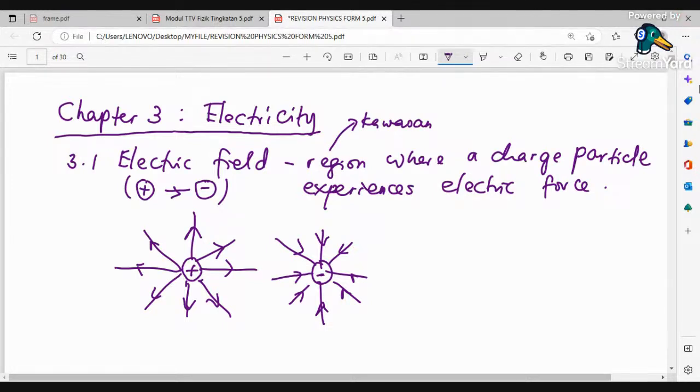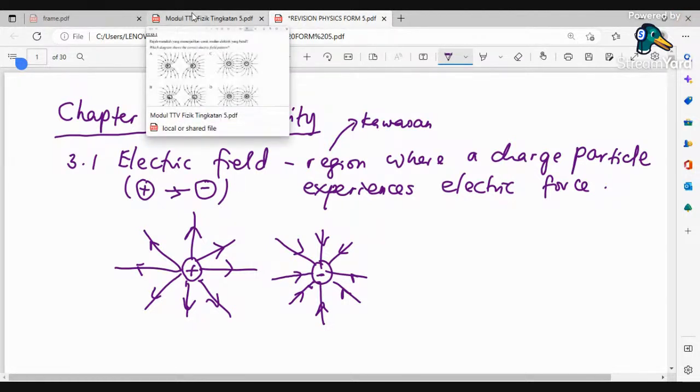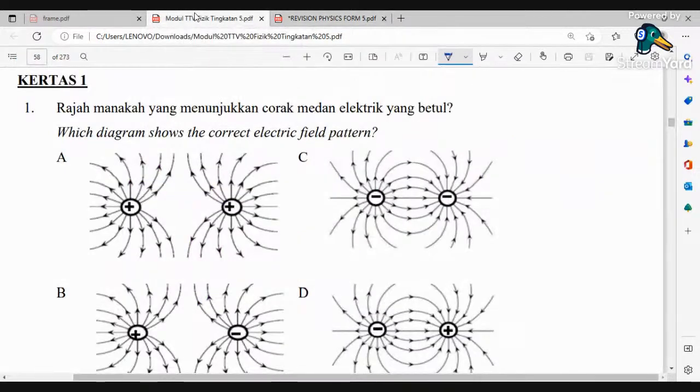Okay, let's look at the question just now. Remember, the line that you draw must be a line with arrow, and the lines cannot cross. Look at A. Which diagram shows the correct electric field pattern?